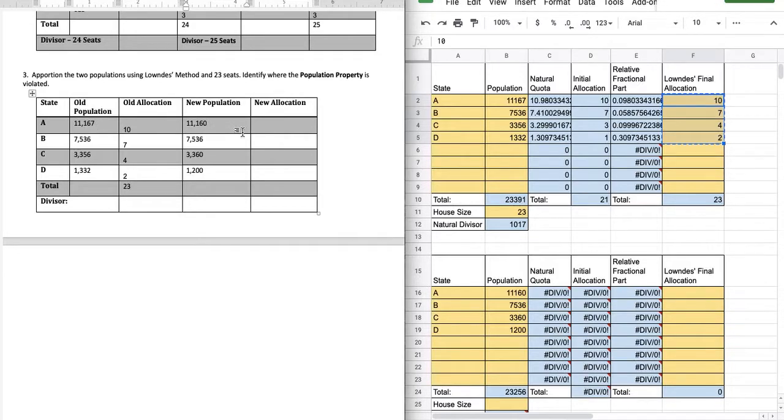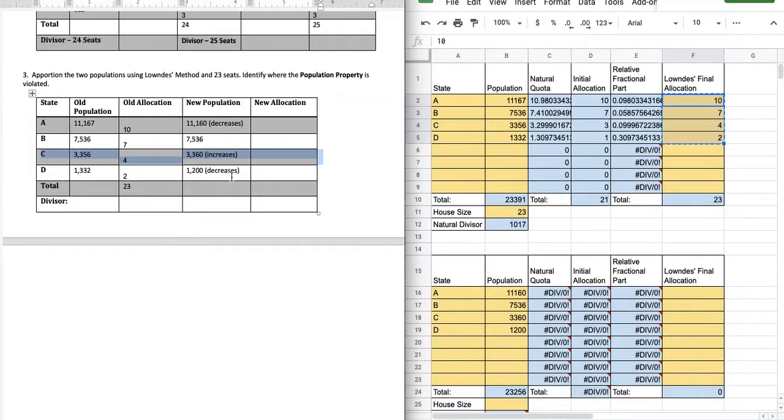We are down to 11,160. 7536, 7536, that stayed the same. 3356, 3360, that one increases. 1332, 1200, that one decreases. I'm looking at state C here because I know state C increases. Let's see what happens with that.